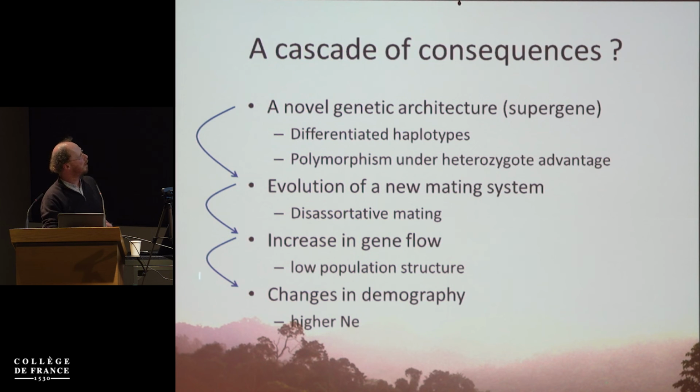Most of them, I would say, we don't have evidence for, so we are working on getting evidence for this from theoretical models for understanding how the evolution of a new mating system like disassortative mating can cause, in a system like this one, an increase in gene flow genome-wide.